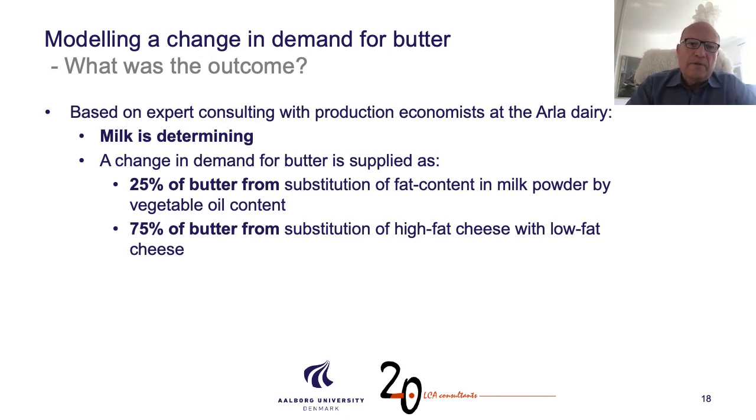This is, of course, a specific situation in Denmark for the Arla dairy, and it could be a different percentage or different situations in other countries or at other times.